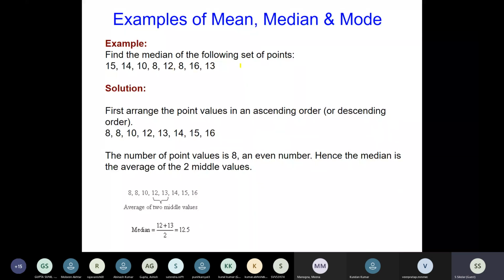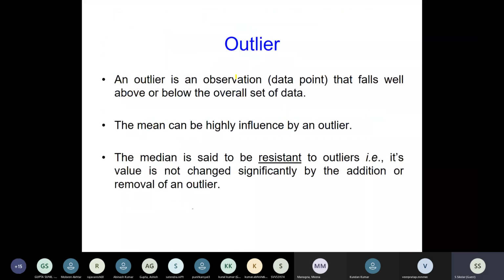The spurious data like 2014 is dragging it. Or if I take a very small value, let's say 0.005 or 0.007, that will drag the mean value to a very small value. So you will end up with something wrong. So be careful about the outlier.